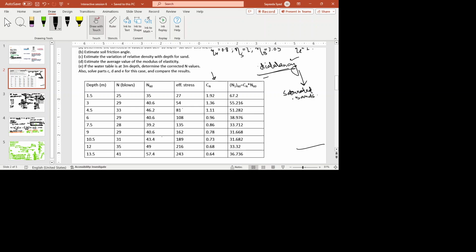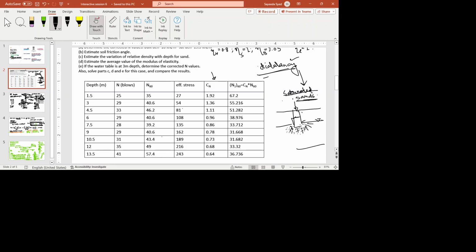Why we take this correction in saturated sands is because when we apply impact loading on this hammer, there is a chance that there is liquefaction or development of pore water pressure here because this is saturated and it is sandy.